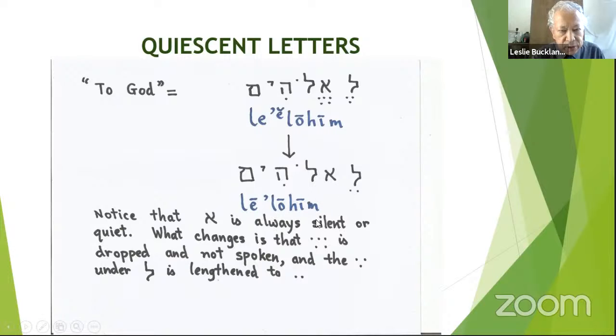So the aleph is always silent. What changes is that the katef segol, the composite shawa that was there, drops out, and the segol under the lameth is lengthened to sire. The short E is lengthened to long E.